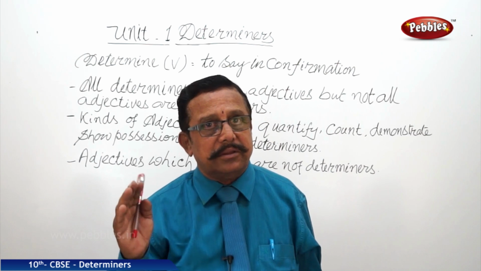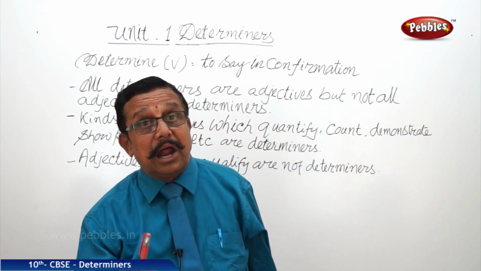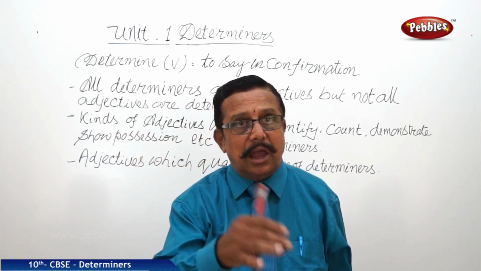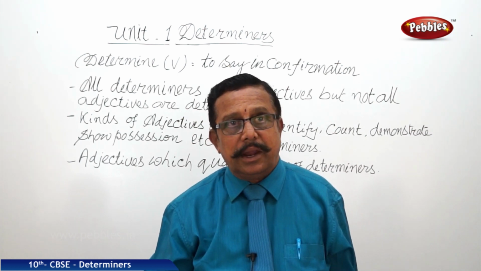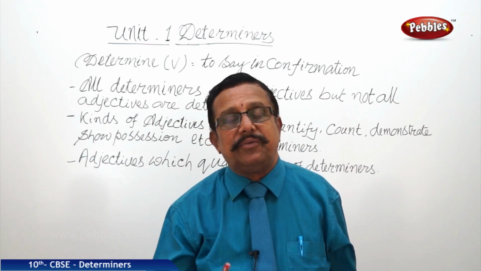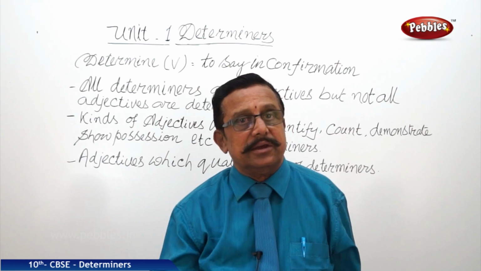This is easy. But when it cannot be counted, the sand, the rice, the milk, the water, the oil, this cannot be counted. And we have to quantify them. When it comes to quantifying, we are using determiners or quantifiers.